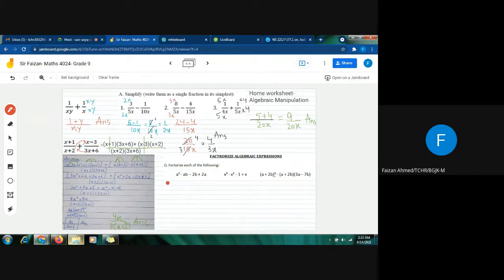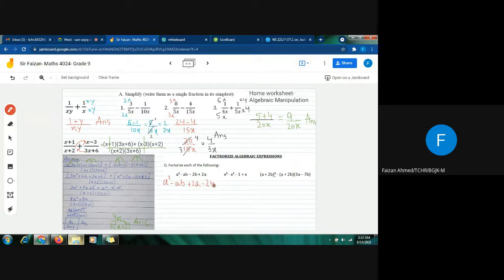But the first step is I will arrange this, because after arranging, it will be very much easier for me to take something common. Why am I arranging this? Because a is first and b is second. So I will keep the a term first and b term in the last. It will be easier for me to take common by arranging my question into this form.